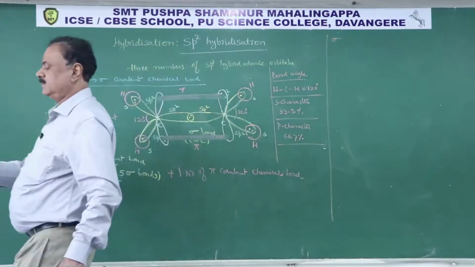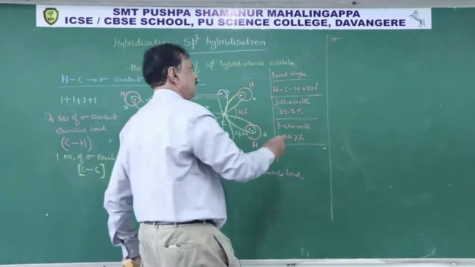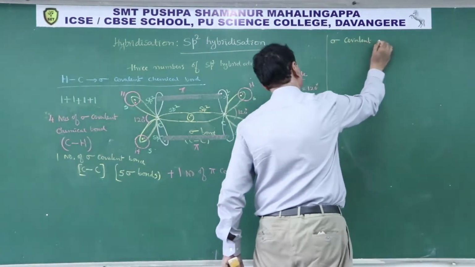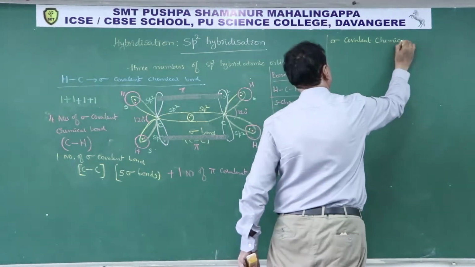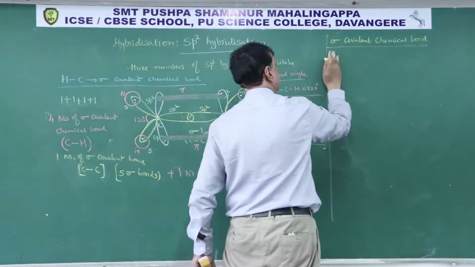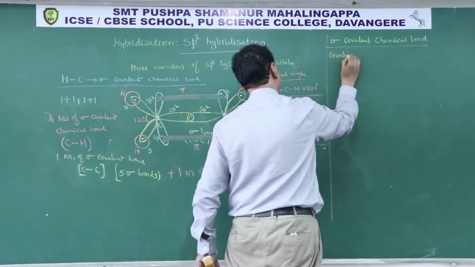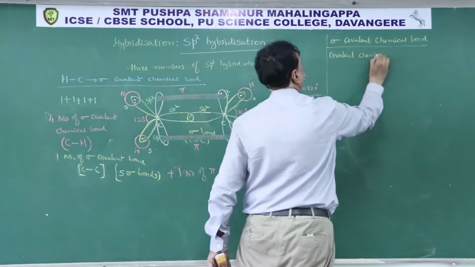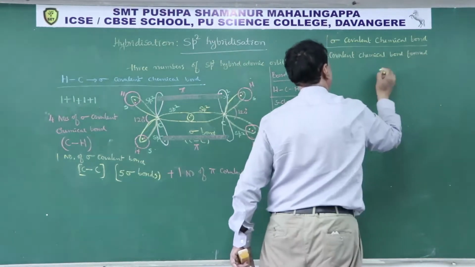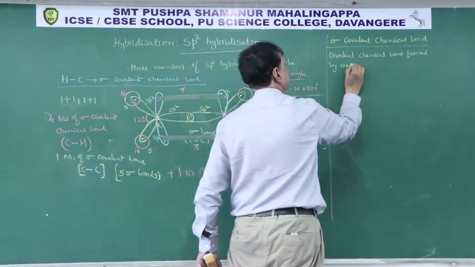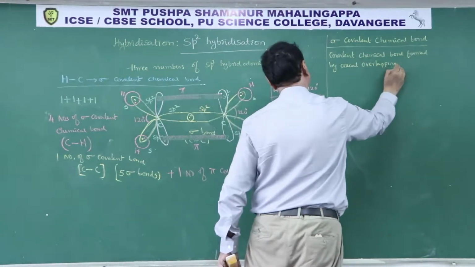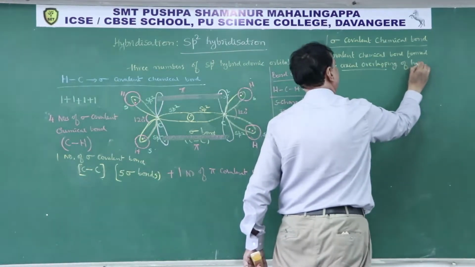Sigma covalent chemical bond and pi covalent chemical bond. Sigma covalent chemical bond is formed by axial overlapping of half-filled atomic orbitals.